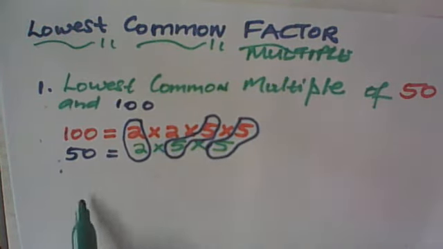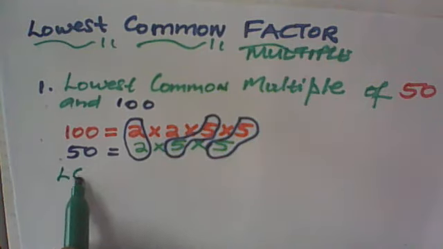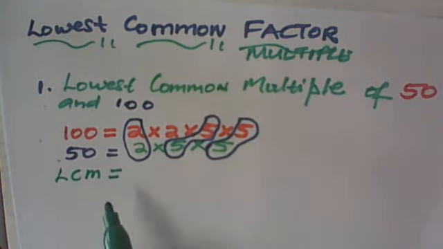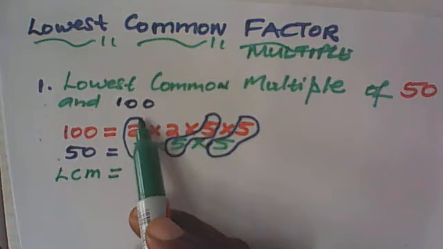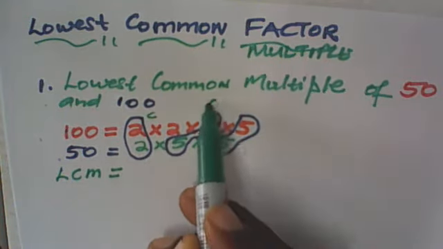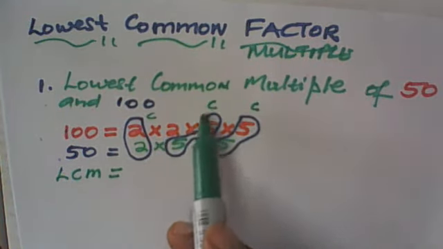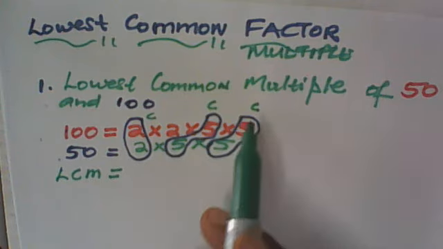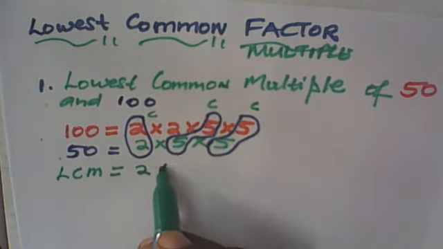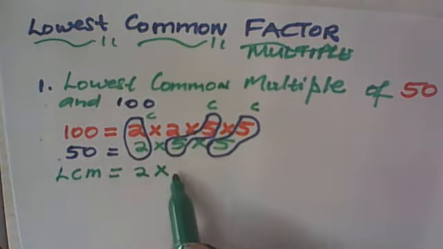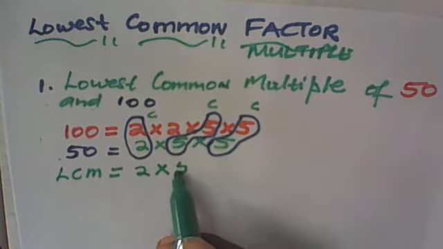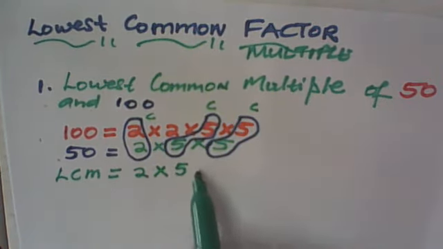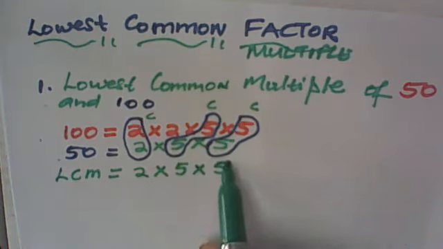Now what do we do? The lowest common multiple will be, this is common, this is common, this is common. Now how many factors are common? 3 of them. That will be 2 multiplied by 5, then multiply by another 5.